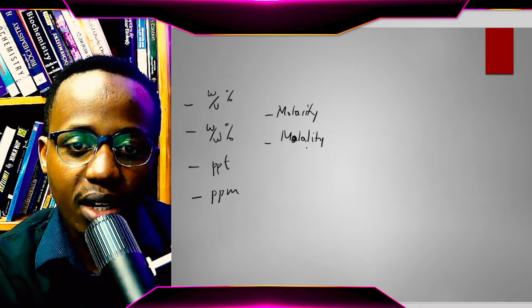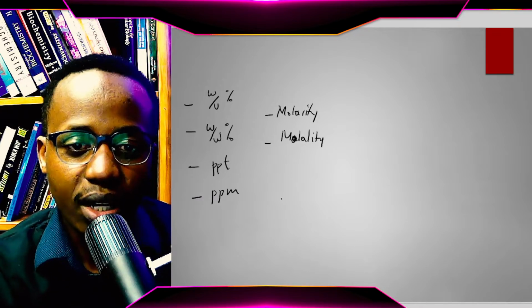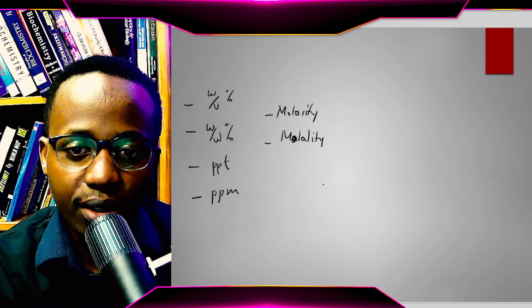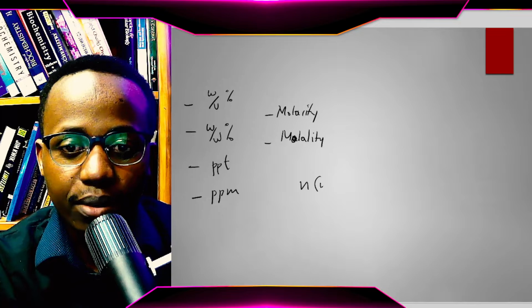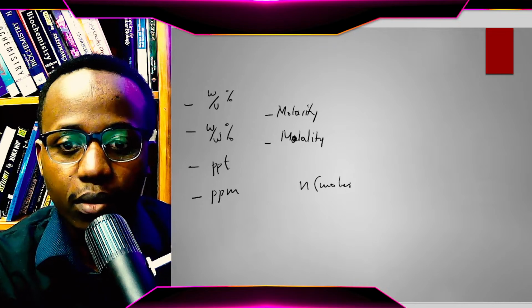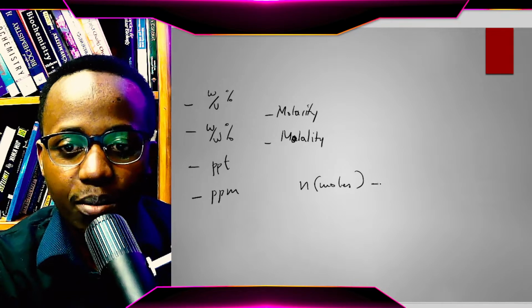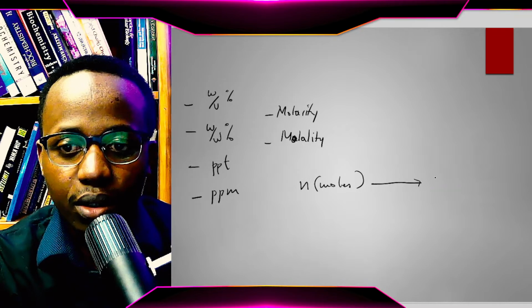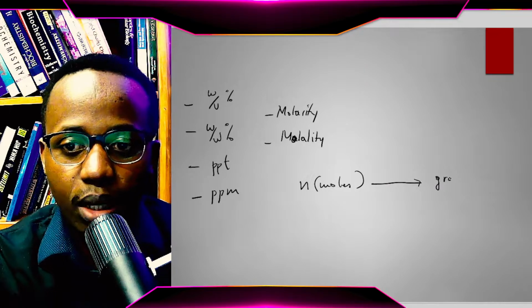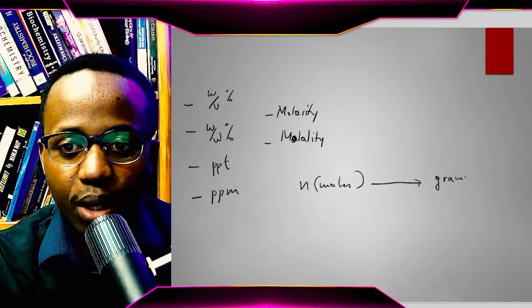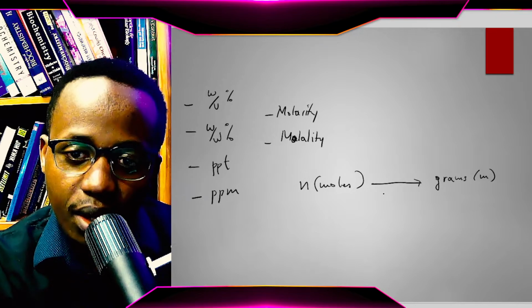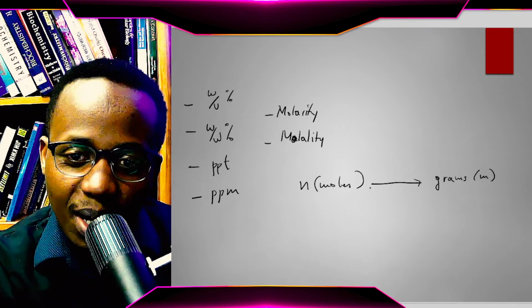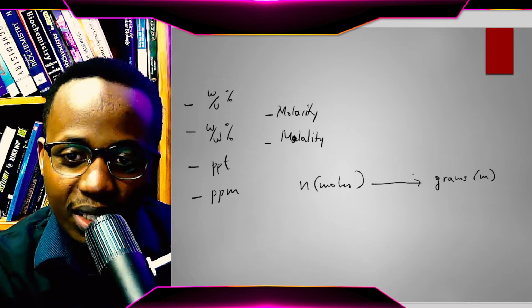But before that, I really want to emphasize that we need to know how to go from moles to grams. So you have moles to grams. How do we go from moles to grams, right? And grams is mass. You do that by using this little formula.